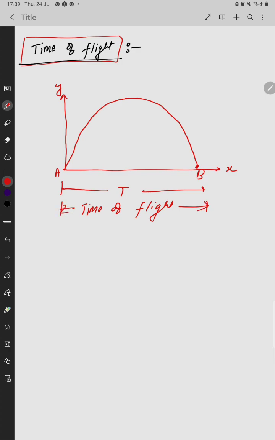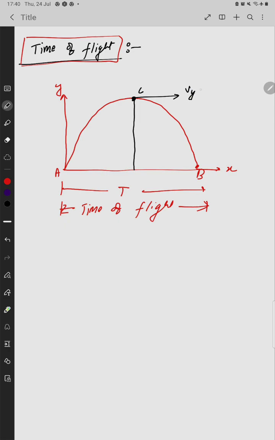Now what we are calculating, up to here we have to calculate, dividing into two parts. Suppose this is point C. At this place, when the particle reaches here, the velocity Vy will be 0. The velocity along the y axis will be 0, that you need to keep in mind.